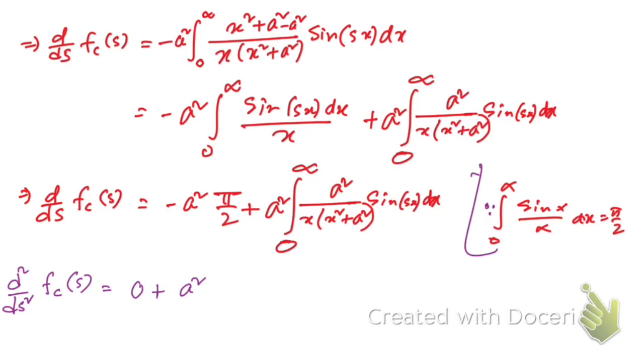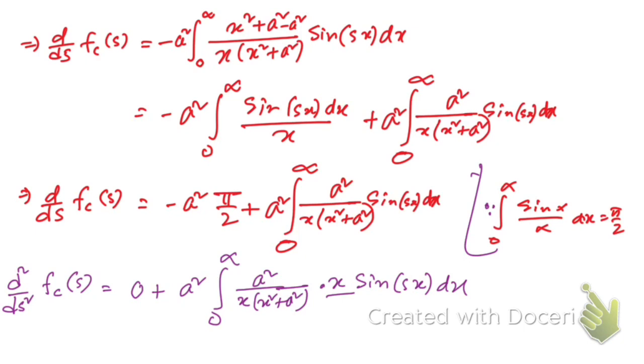Then as we are differentiating with respect to s, the only function of s is this one, sine sx. So here 0 to infinity a square x into x square plus a square. So it's gonna be into again x sine sx dx. Here x is taken as constant, right? So hope you have understood this.